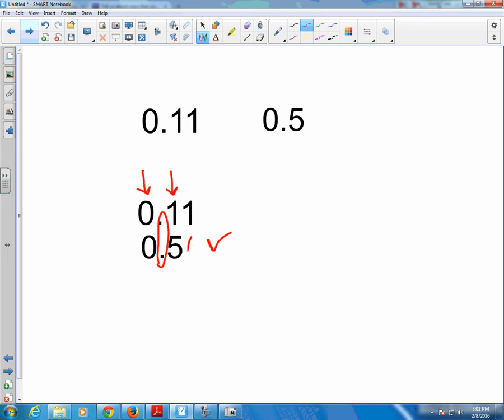That means you can write a 0 in here just to make it equal, and then maybe it's much easier to see that 50 hundredths is bigger than 11 hundredths. So we know that this one's bigger. The sign will be less than. 11 hundredths is less than 5 tenths.